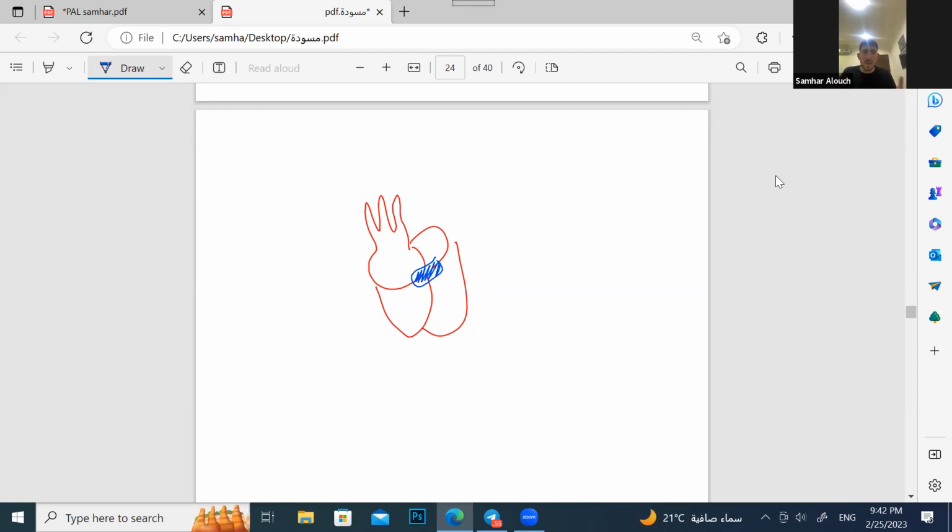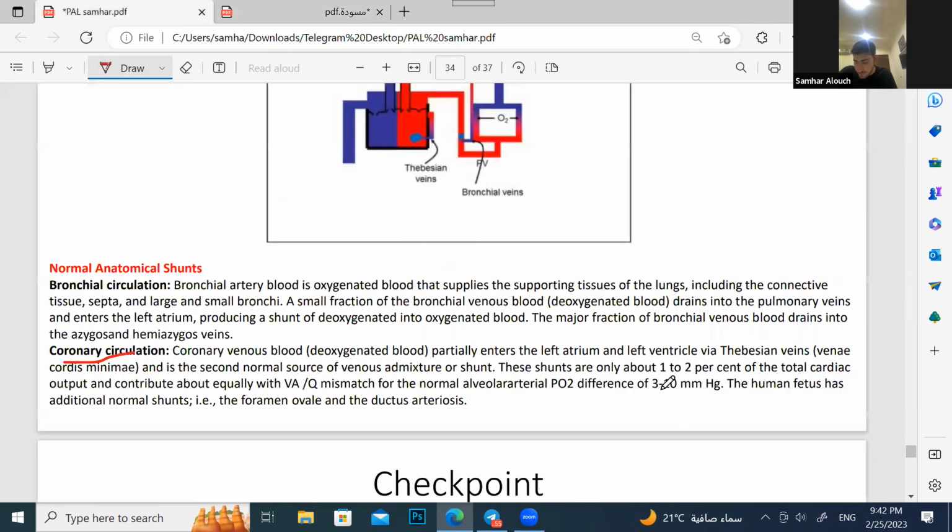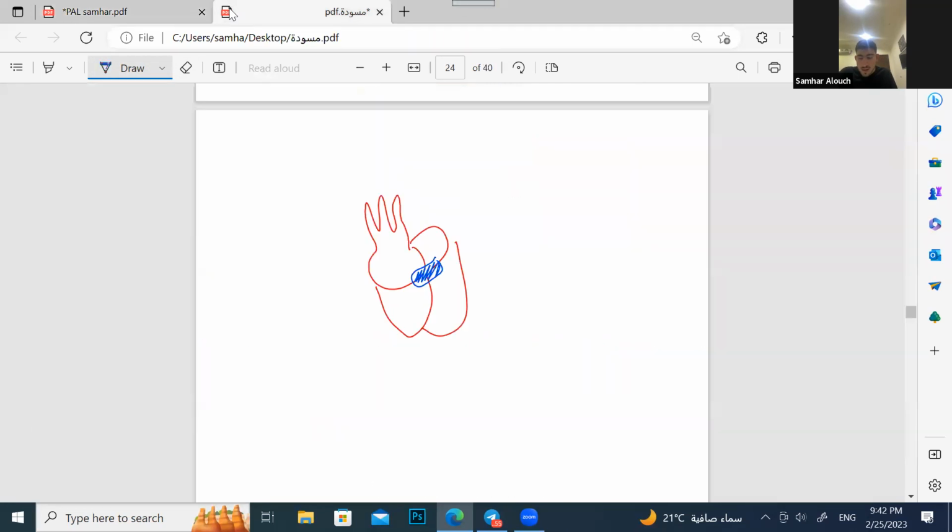Coronary means the blood vessels supplying the heart itself. We have a coronary vein called the Thebesian vein, venae cordis minimae. This vein drains into the coronary venous sinus. That's its destination. That's not a shunt.